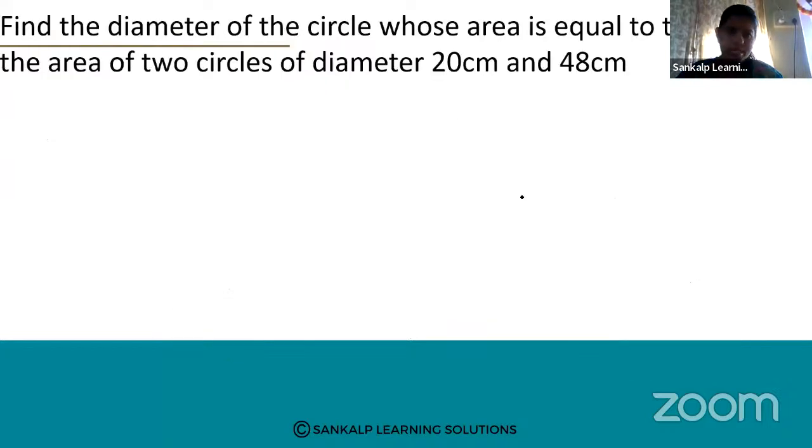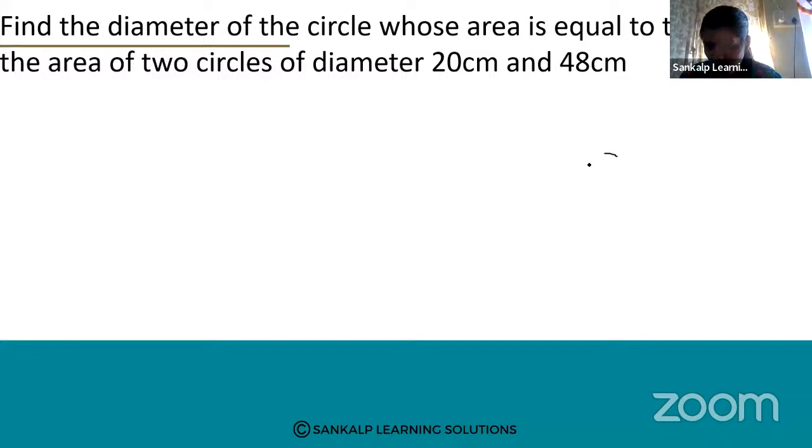Yes. So next, find the diameter of the circle whose area is equal to the sum of the areas of two circles of diameter 20 centimeter and 48 centimeter. So here, find the diameter of the circle whose area is equal to the sum of the areas of two circles.